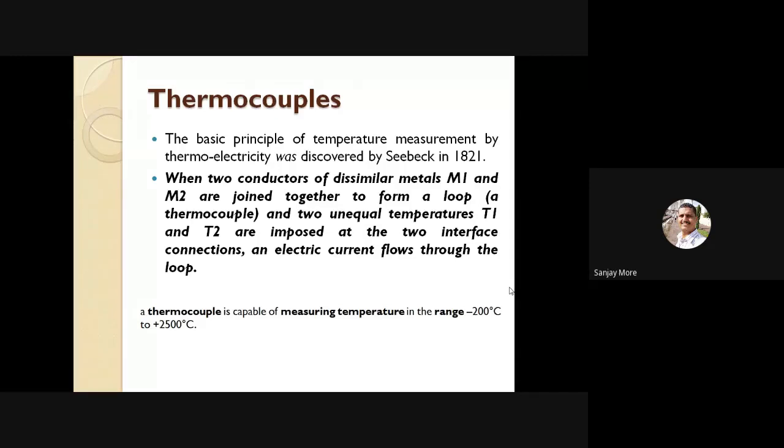Write down the details of thermocouple. Okay. Write down first one.